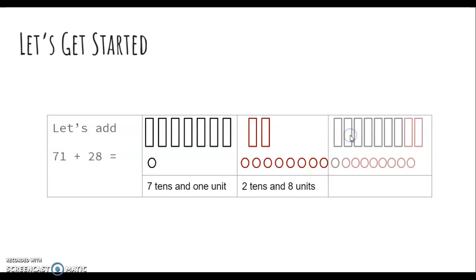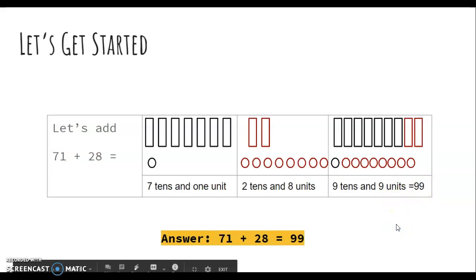If we add those together, we get 1, 2, 3, 4, 5, 6, 7, 8, 9 tens and 1, 2, 3, 4, 5, 6, 7, 8, 9 units. So 71 plus 28 equals 9 tens and 9 units, which is 99. So my answer, 71 plus 28 equals 99.